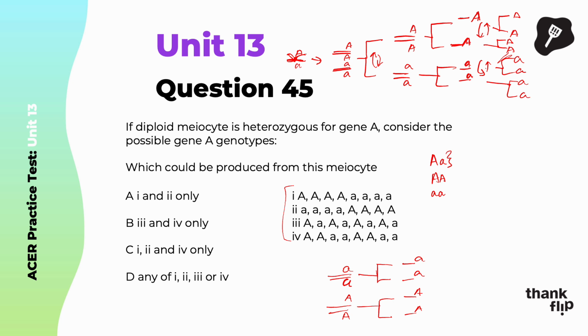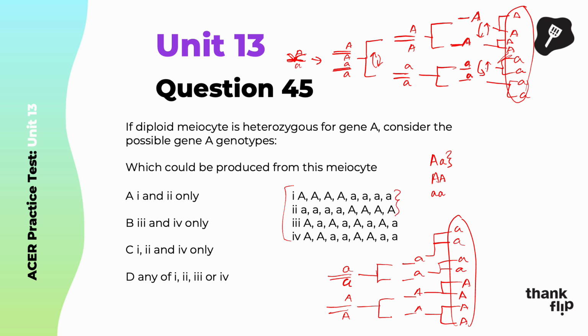And the same thing would happen over here. So you'd have lowercase, then capital. And so we have two options for our octads, and those options are represented by option 1 and 2. And so our answer here is A.